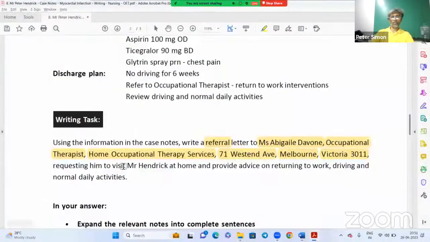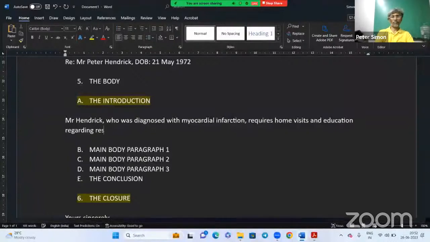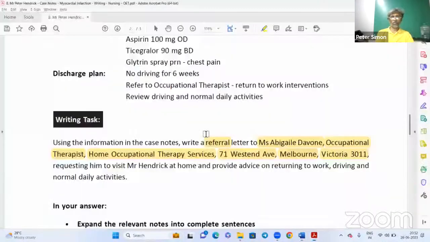So he needs advice or education, counseling regarding return to work. So education regarding resumption of professional activities. So resume to work, so return to work.